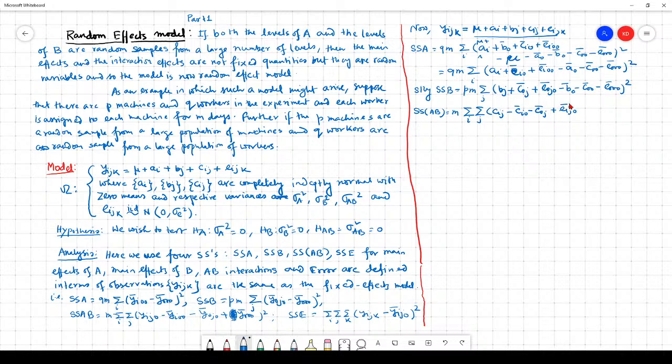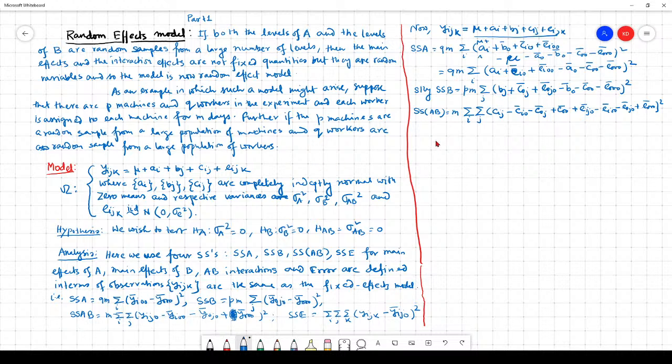Eij naught bar minus Ei naught naught bar minus E naught j naught bar plus E naught naught bar whole square.